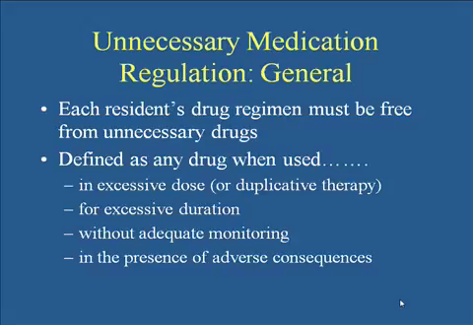There's a Table 1 within the regulations, which I would recommend that anyone interested in reviewing medication regimens for appropriateness in nursing home residents take a look at. That Table 1 has, in addition to the classes of drugs that we're going to talk about today, the psychotropic medications, it lists medications all the way from cardiovascular agents, including blood pressure meds, warfarin, all the way to medications used for urinary incontinence.